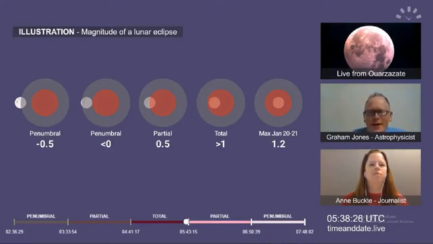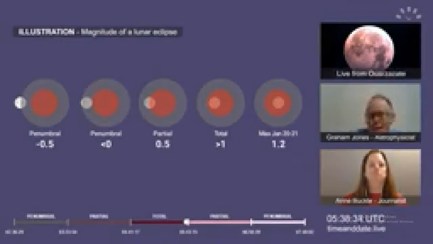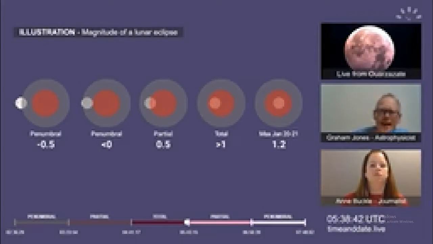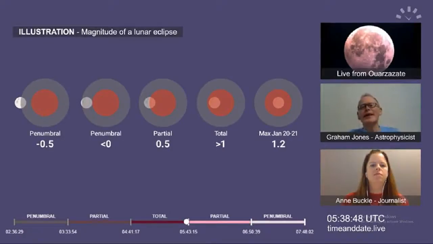As we continue moving across to picture number 4 in our diagram, as the moon fully enters the umbra, at this point exactly all of the moon's surface is covered by the umbra. That gives us a magnitude of 1. And then the moon moves deeper into the umbra.